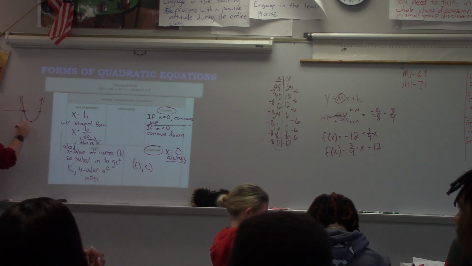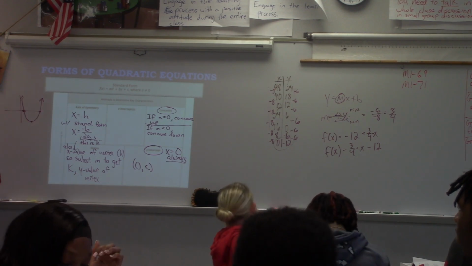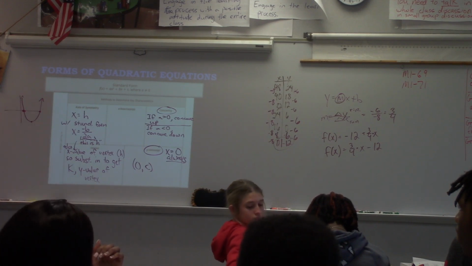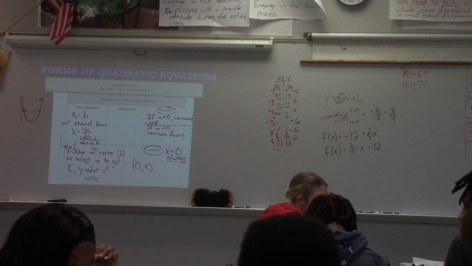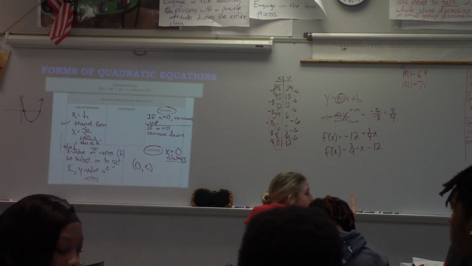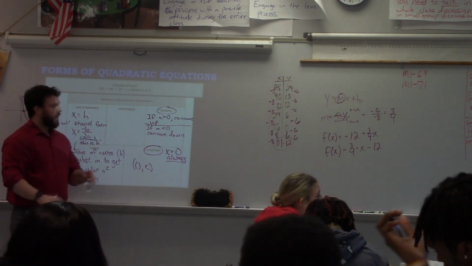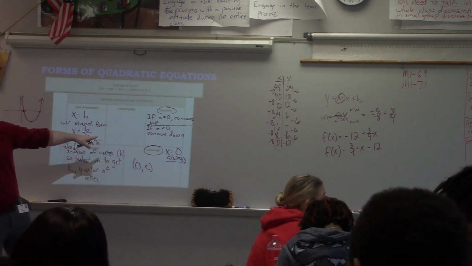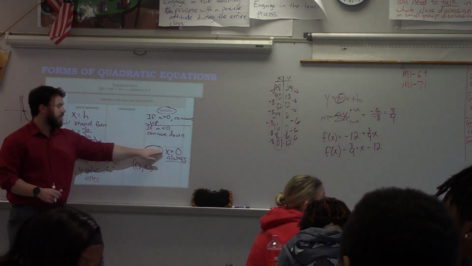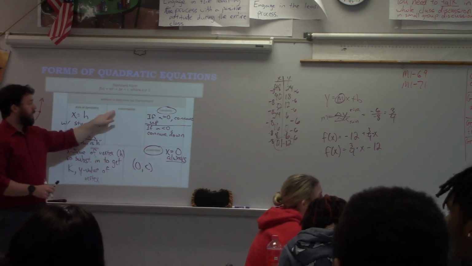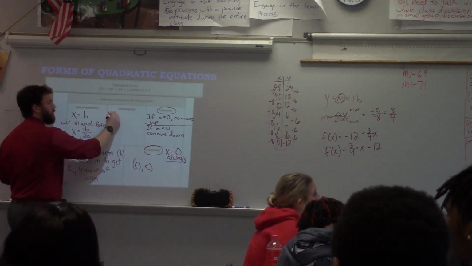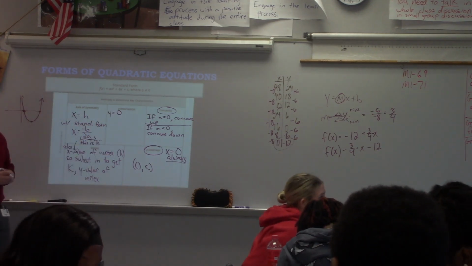Vertex is here. But what should we know about every x-intercept that has ever existed? Y is 0. Remember how for the y-intercept, the x is 0? So for an x-intercept, y is 0.